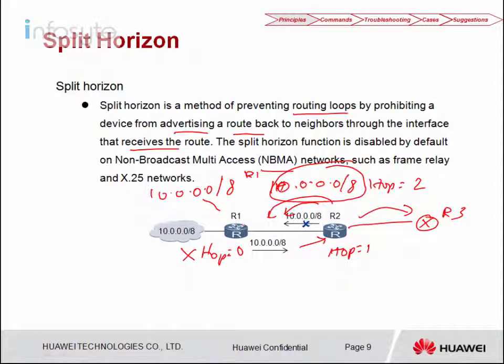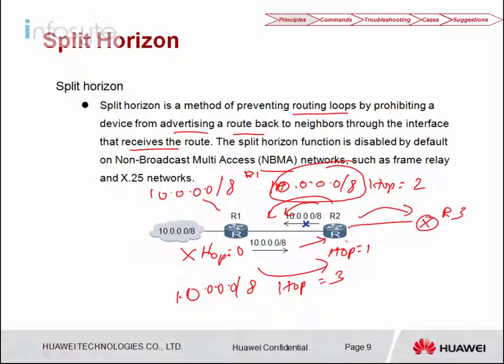Because R1 received this update and R1 is also directly connected to R2, R1 is going to add a hop, from 2 plus 1 it becomes 3, saying, "Hey R2, if you want to go to 10.0.0.0/8, you can come through me, and the hop count is 3."